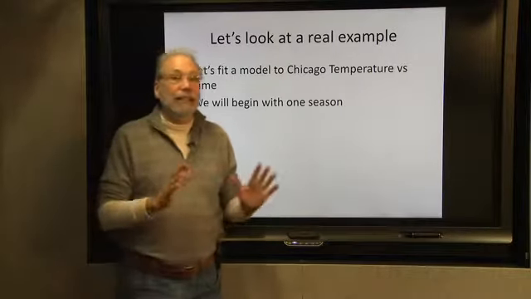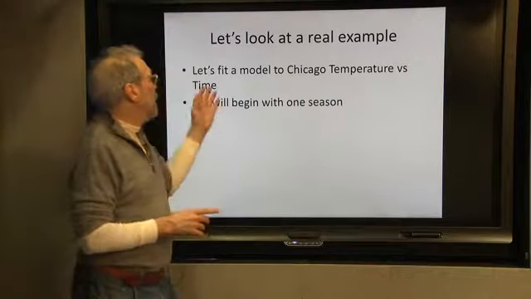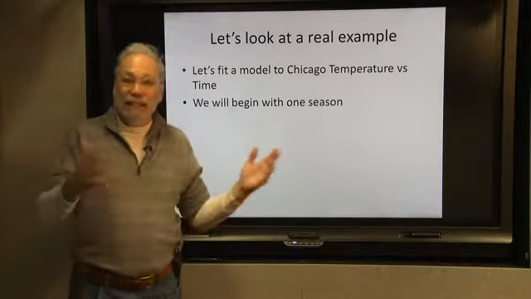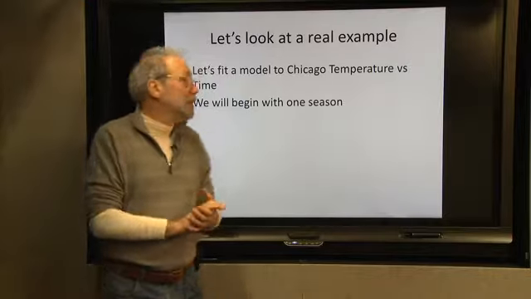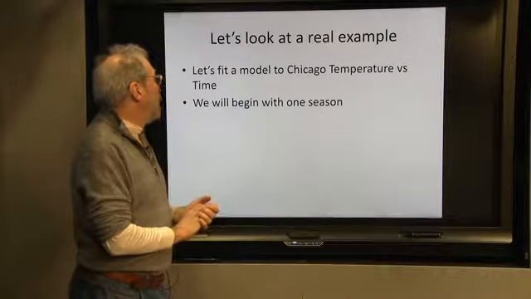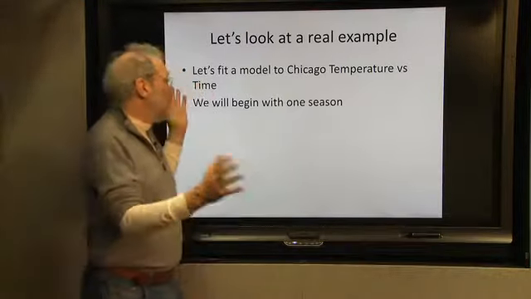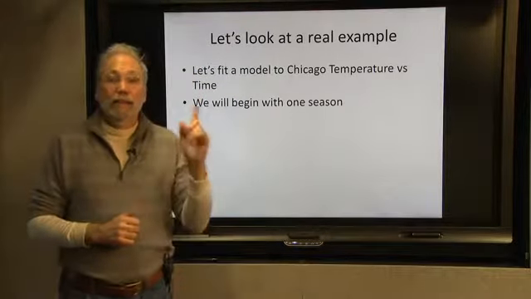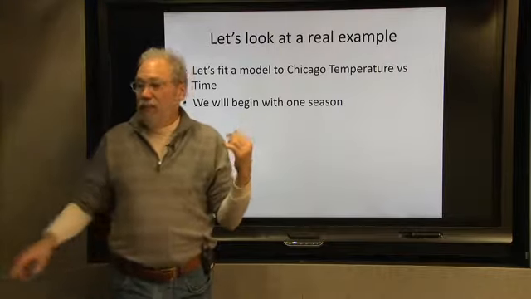So now let's take a look at a real example. I want to fit a model, not looking at Chicago and mortality. We've already done that in the lab. I want to look at Chicago temperature just versus time. So let me begin by looking at one season in 1 year.